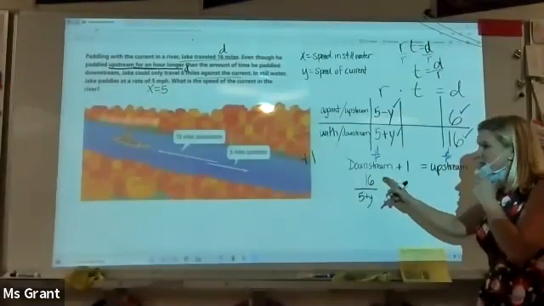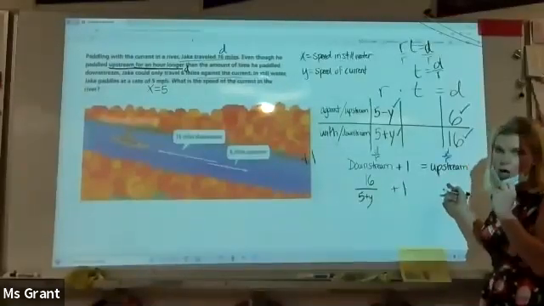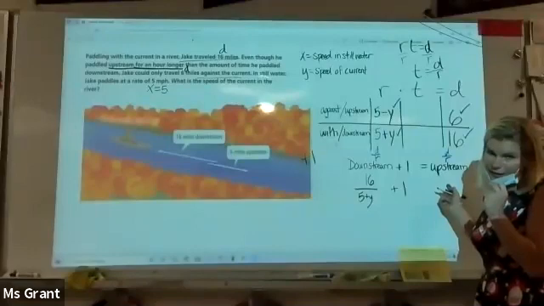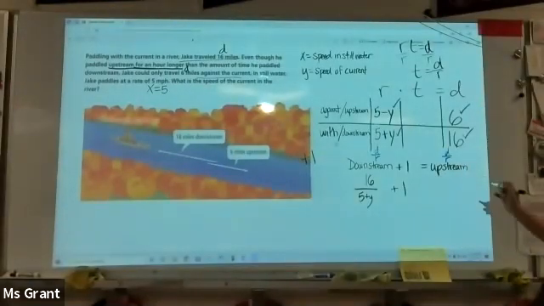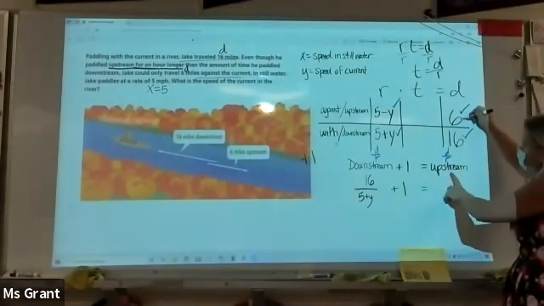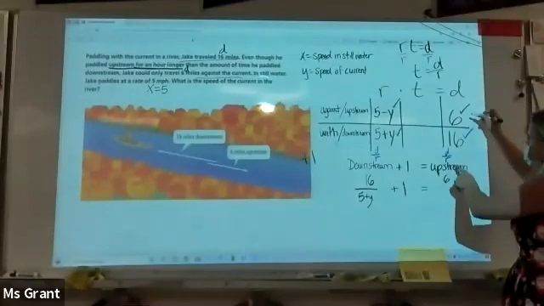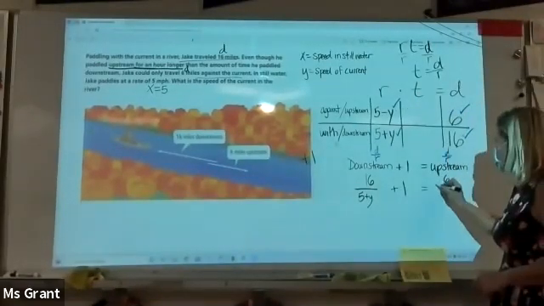So I have to do downstream plus an extra hour to equal my super slow upstream time, right? Then upstream, distance 6 divided by rate.